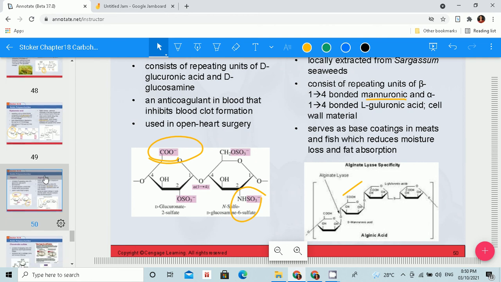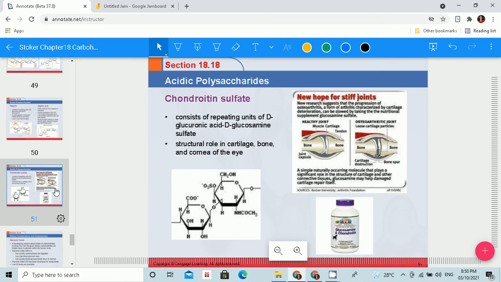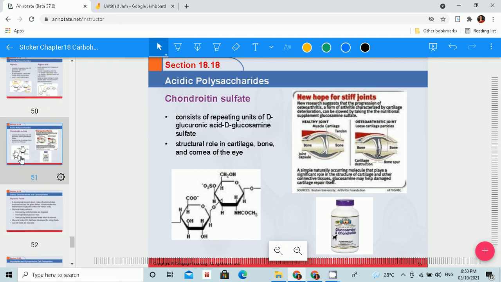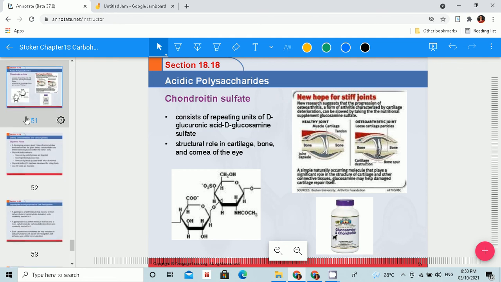Okay, so let's go to chondroitin sulfate. It consists of repeating units of glucuronic acid and glucosamine. Okay, class, you just read this one, you just take note of the linkages and the monomers.